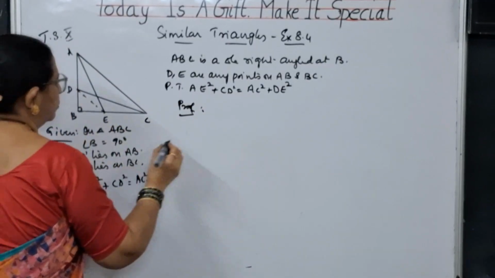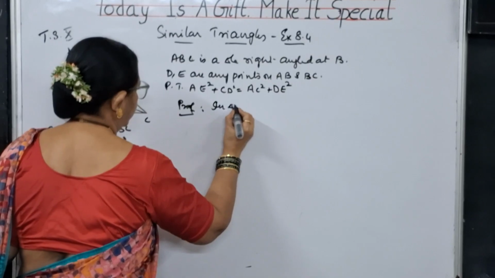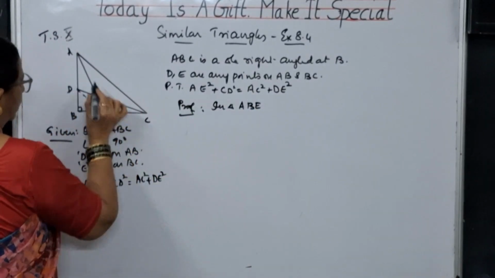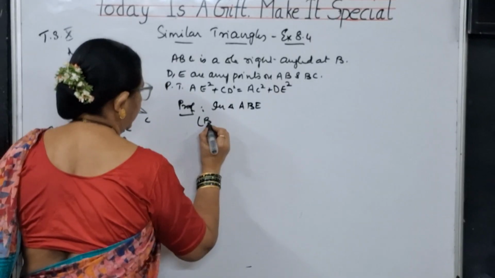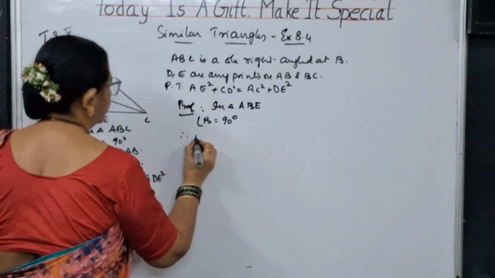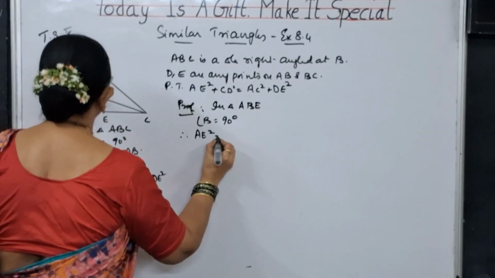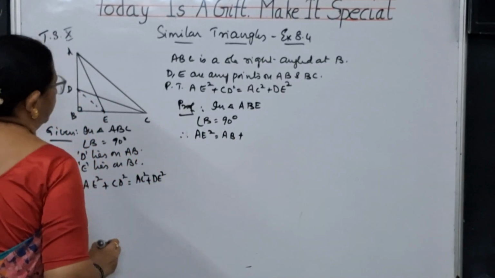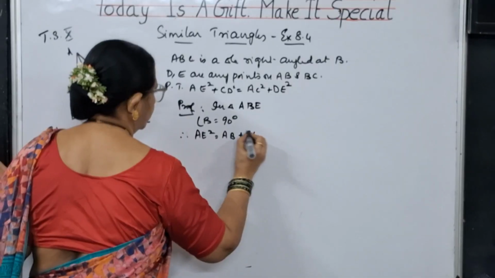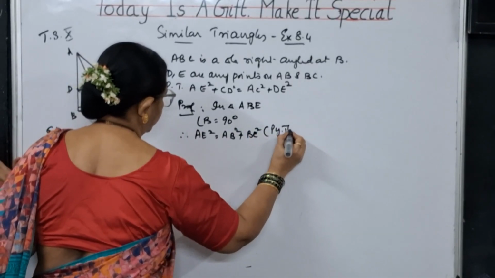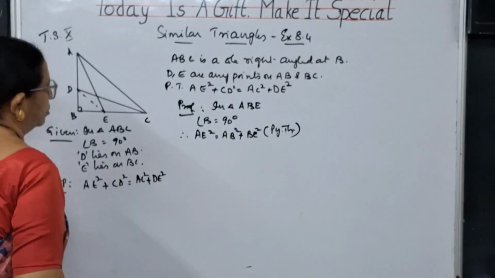AE square means you take triangle ABE. In this triangle ABE, angle B is 90 degrees. Therefore, AE square is equal to AB square plus BE square basing on Pythagorean theorem.